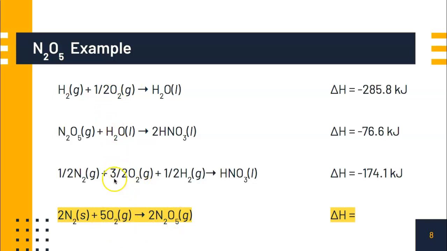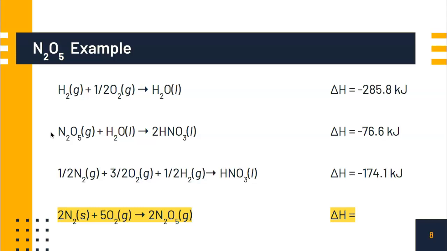However, I can see that there's also oxygen down here in our third equation, so I'm not going to choose to start with the first equation. If we take a peek at our second equation, however, I've got our dinitrogen pentoxide, water, and then nitric acid. So if I take a quick peek at my third equation, this dinitrogen pentoxide is unique. It is the product in our target equation. So this is where I am going to start.